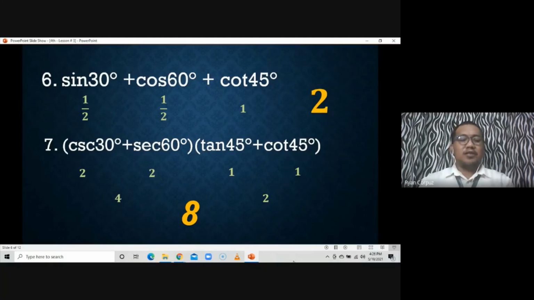So any questions there? So hopefully yung 7 examples na binigay natin ay naintindihan nyo kung paano ginagamit yung table of trigonometric ratios on special angles. So now let's proceed to more examples.